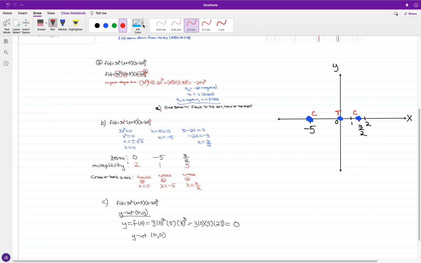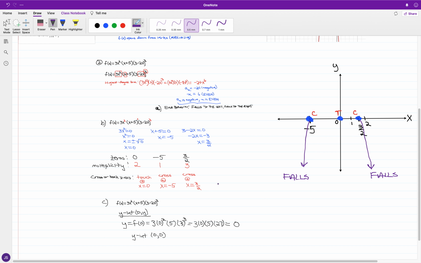So to the left, starting from x equal to -5, the graph falls to the left, and from the rightmost zero, namely in this case 3 halves, again the graph is going to be moving downward, so you have falling to the left and falling to the right, or down to the left, down to the right.